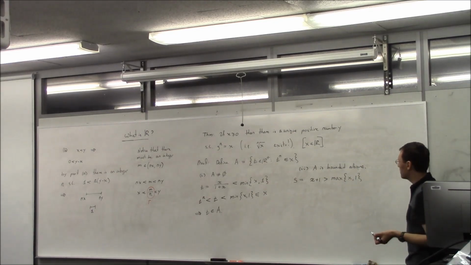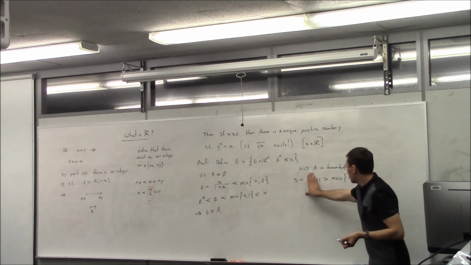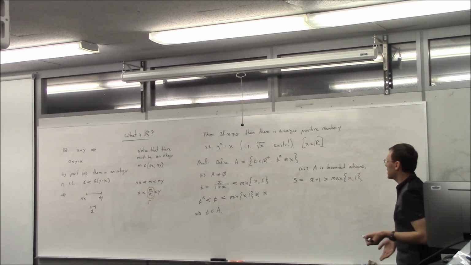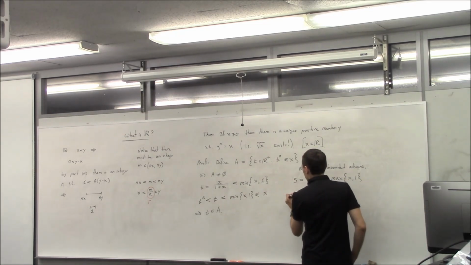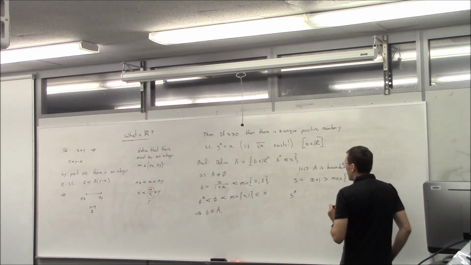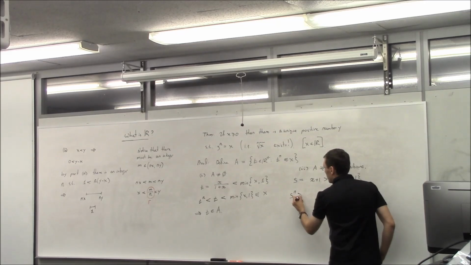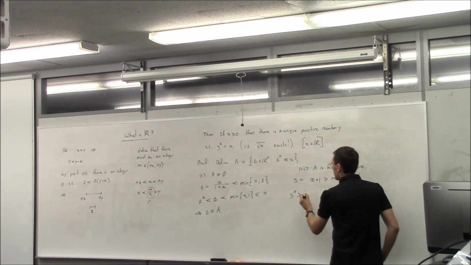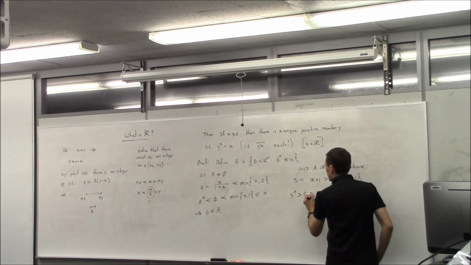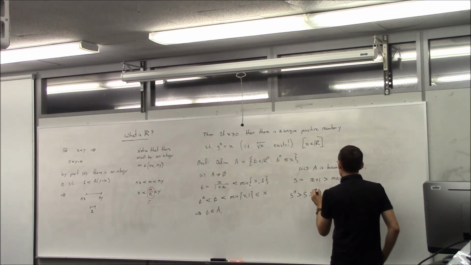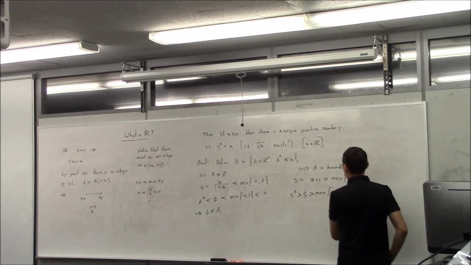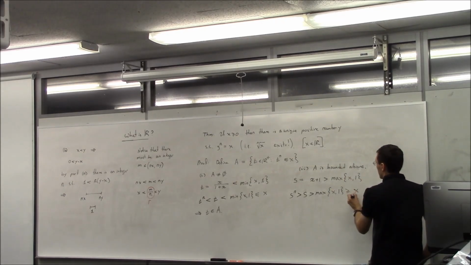It's bigger than 1 because I can remove the x, and it's bigger than x because I can remove the 1. So then I can see what happens if I take s to the n. s to the n is going to be bigger than s, which is bigger than max of x and 1, and max of x and 1 is bigger than or equal to x.